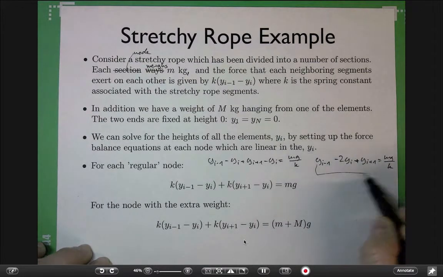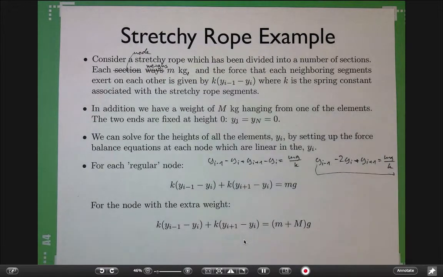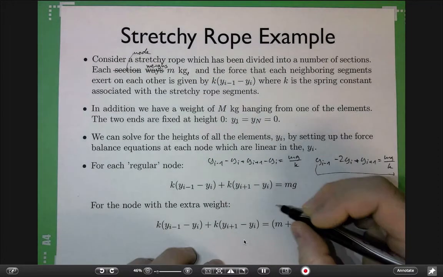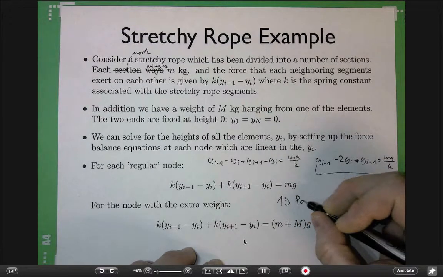This is the same equation, just in a little bit cleaner form. And this thing is actually a numerical or discrete approximation of the second derivative operator. So this system is the 1D Poisson equation.